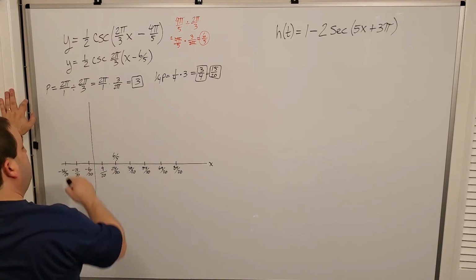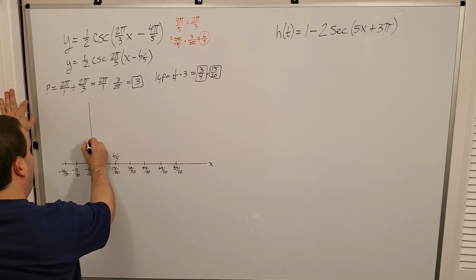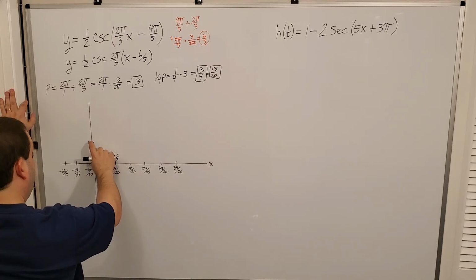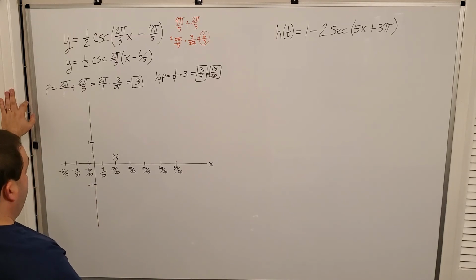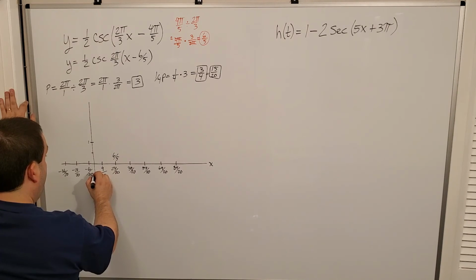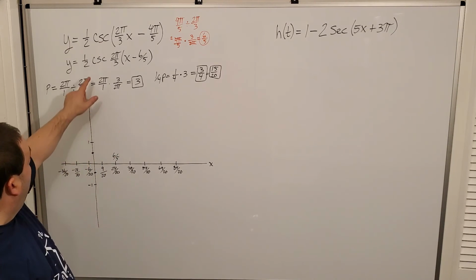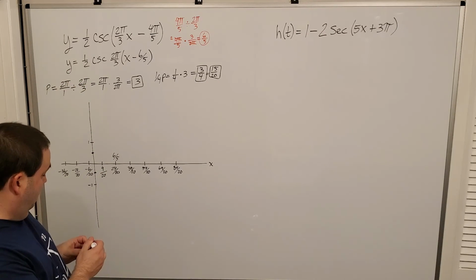My amplitude is 1/2. So in other words, if I were to put 1, 1/2 would be here. So if I do that same thing, negative 1 is here, then negative 1/2 is right here. And that's actually the amplitude of the sine and the cosecant.